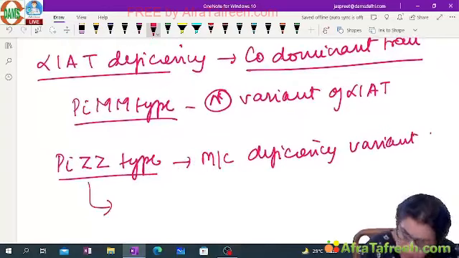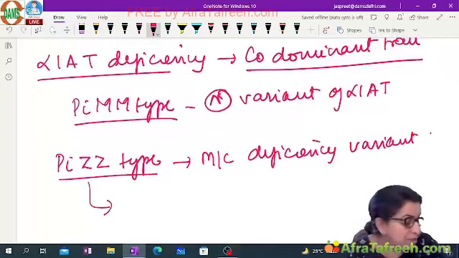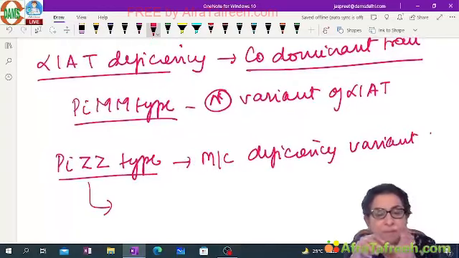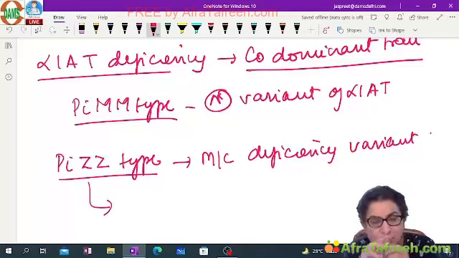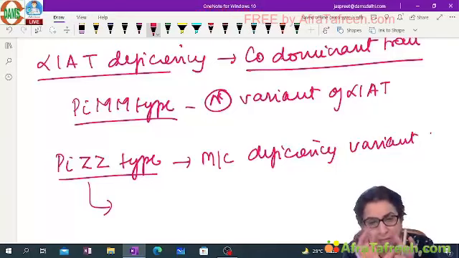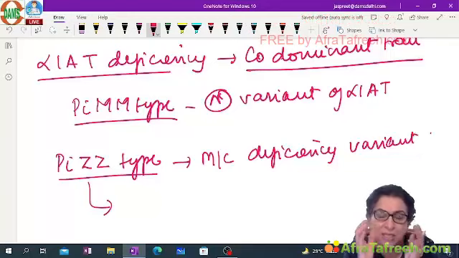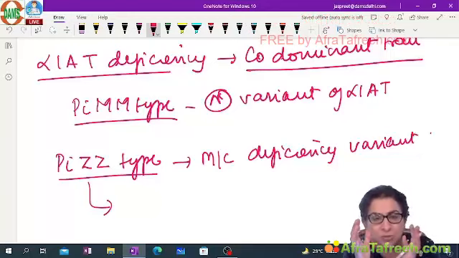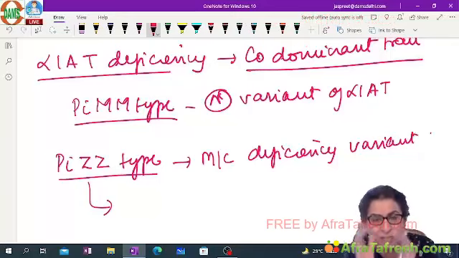Now in this PiZZ type, what happens? Alpha-1 antitrypsin is a protein, right? And in the hepatocyte, alpha-1 antitrypsin is produced in the endoplasmic reticulum. So normally, the liver's hepatocytes produce alpha-1 antitrypsin in the endoplasmic reticulum.